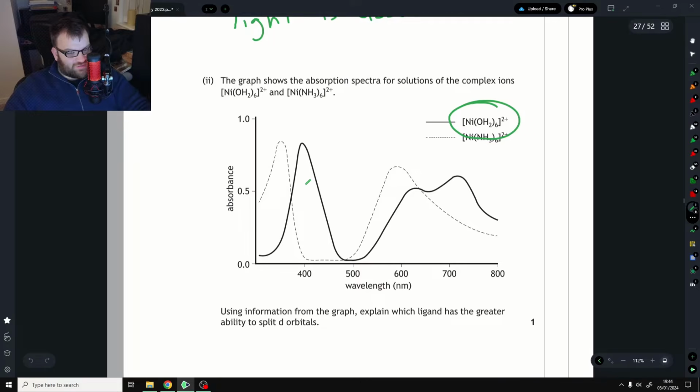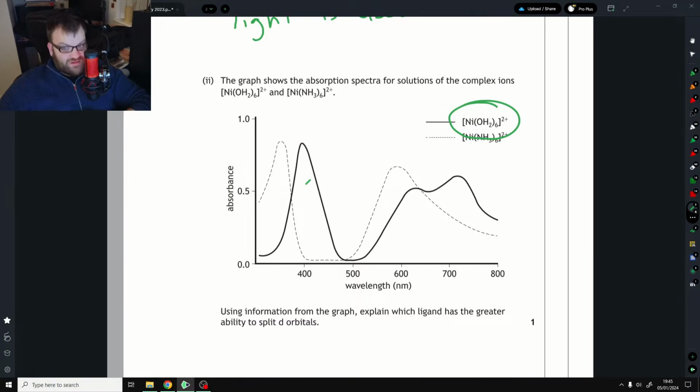Next up, we're asked to talk about the greater ability to split ligands. If it has a greater ability to split, it will have a bigger energy gap, which means it will absorb smaller wavelengths of light. Looking at the graph, the one with the OH2 absorbs higher wavelength light.